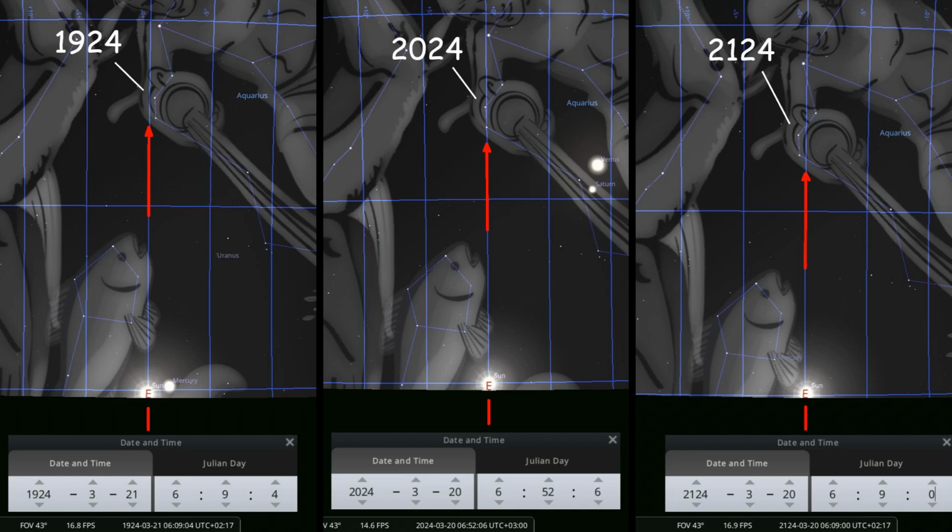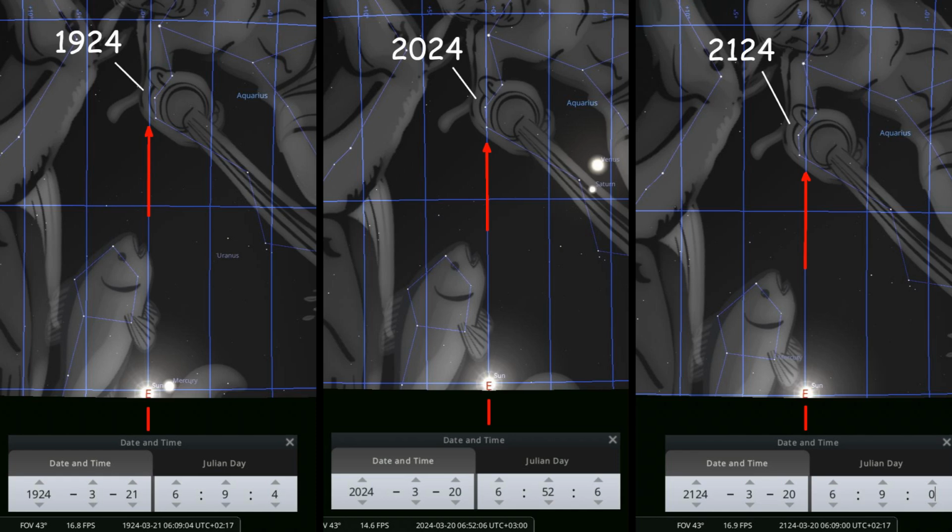And I'll show here side-by-side pictures of 100 years ago in 1924, and this year of 2024, and 100 years from now in 2124. You can see the shift of the fish of Pisces moving further and further to the left of the 0 degree line.